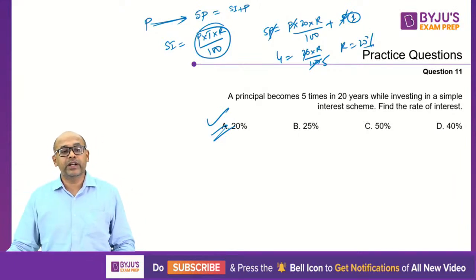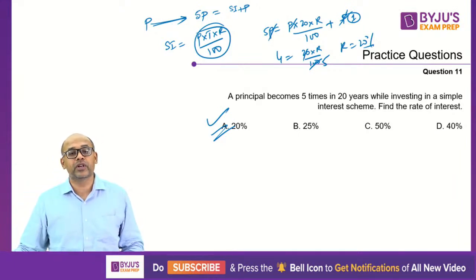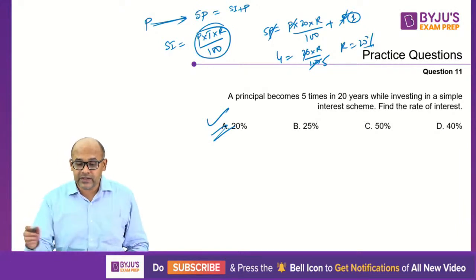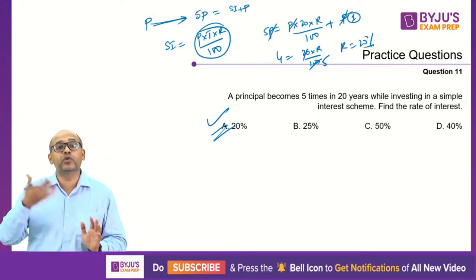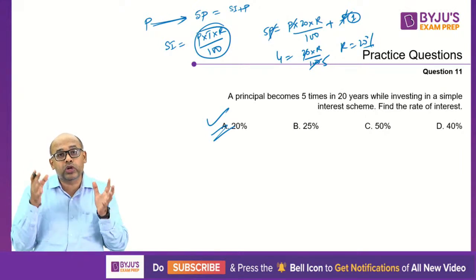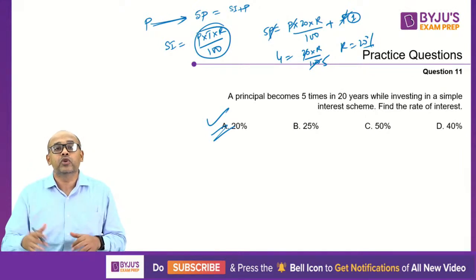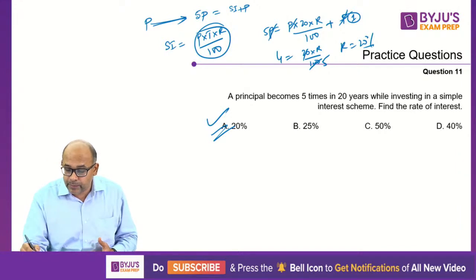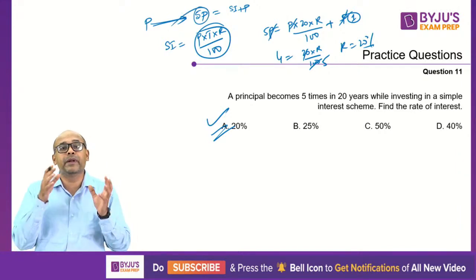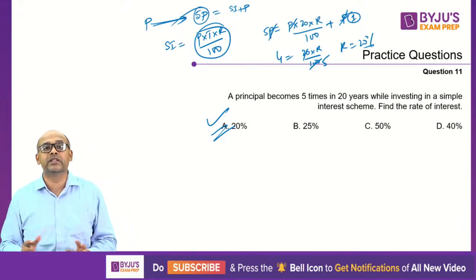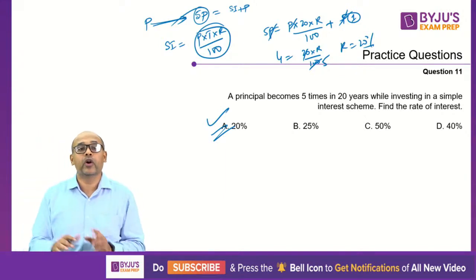Is that clear, Tarun? It is not B or D, it is option A. So the thing you need to understand is, when I say my money became so many times, it is including the principal, so the total original money itself is changing. So this 5P includes your principal plus interest, not just the principal, or not just the interest.